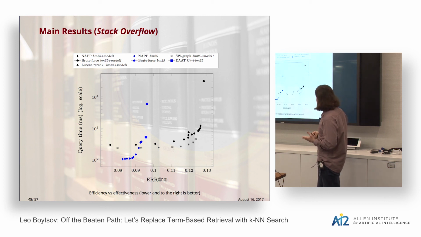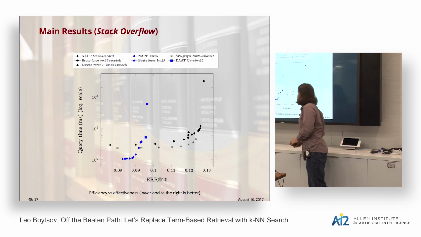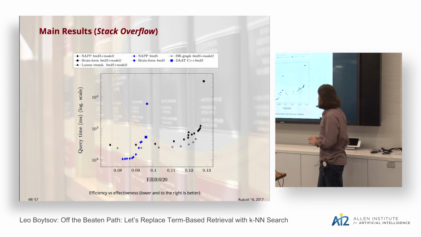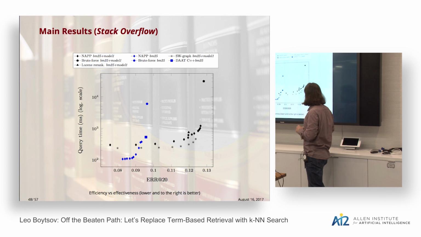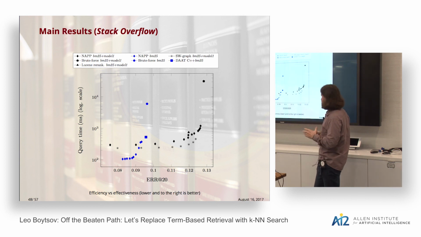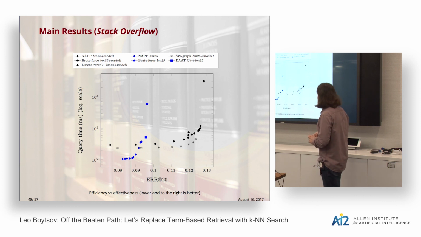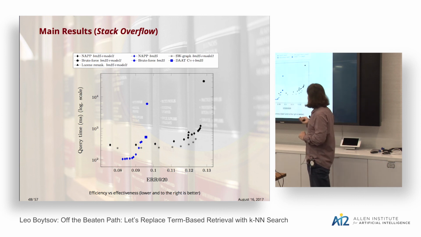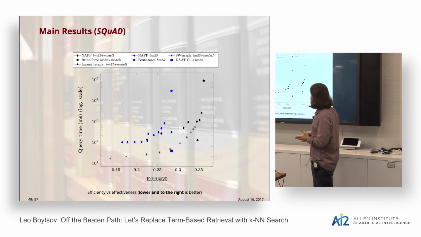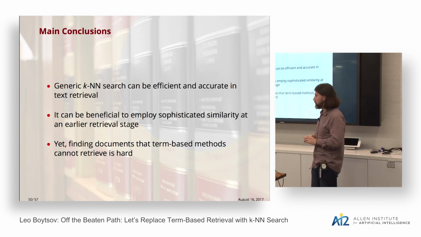These runs are about twice as efficient as the C++ implementation of Lucene, and they seem to be slightly more accurate than the ranking approach based on Lucene, although this difference actually is not statistically significant. So they're probably roughly as accurate. Okay, and the results for Squad are kind of similar, but the performance of KNN search is much less impressive here.